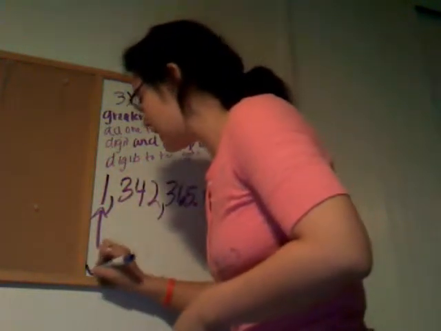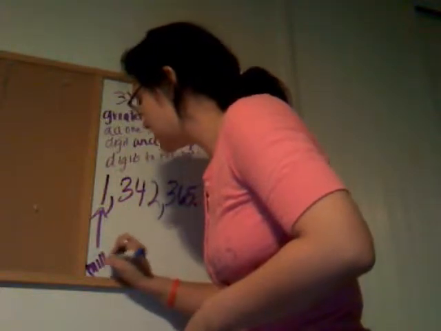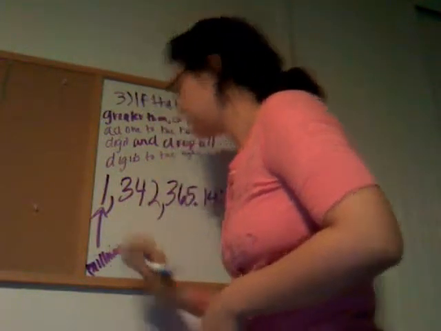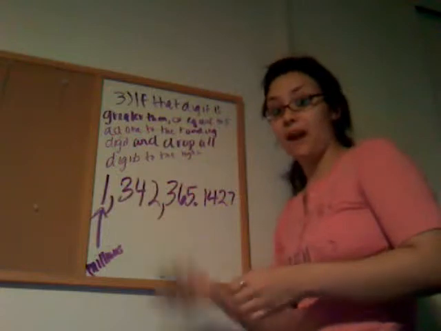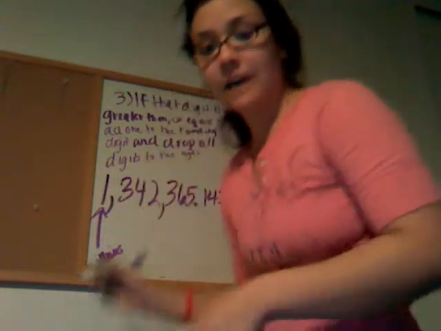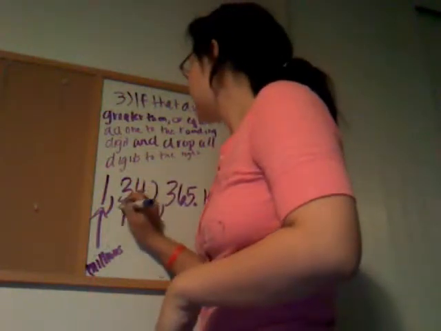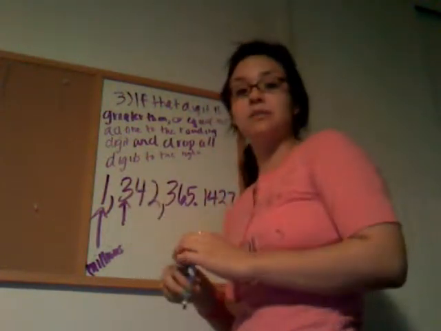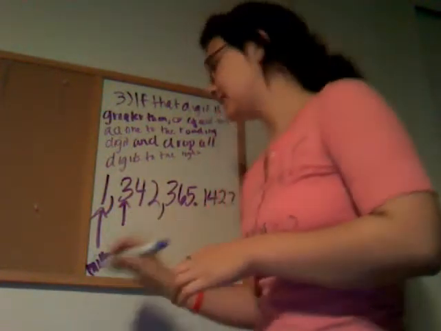So this will be the millions, because you read this as 1 million, right? So it's the same thing. Okay, and this 3 is actually the 100,000s. So let's label that 100,000.